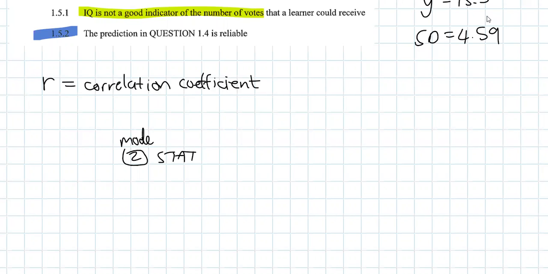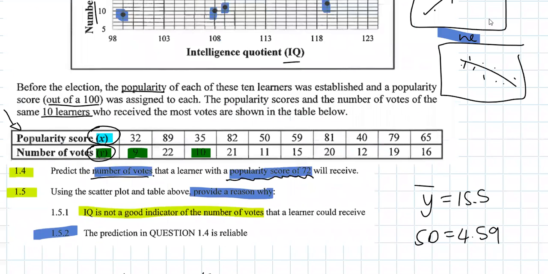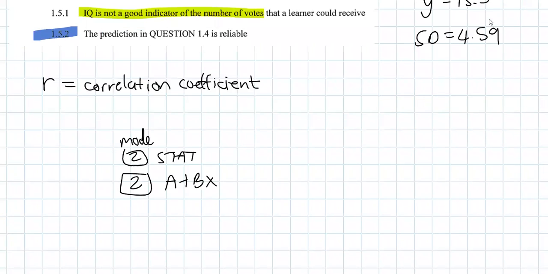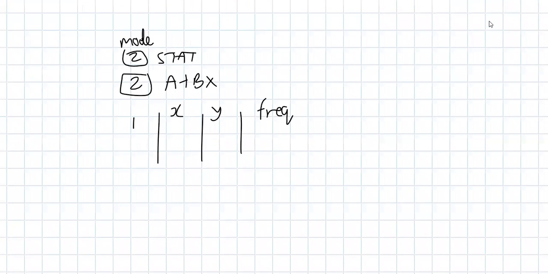Then we choose number 2, which is A plus BX. This compares two sets of information, in this case popularity score against number of votes. Then we get an X and a Y on our calculator.